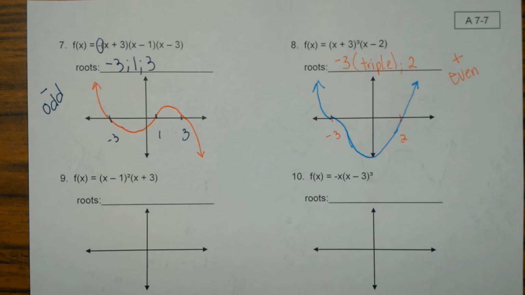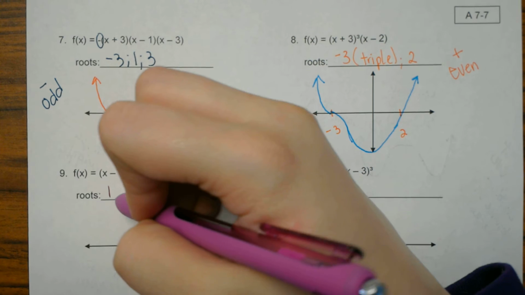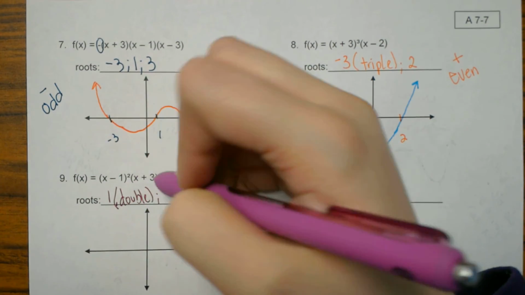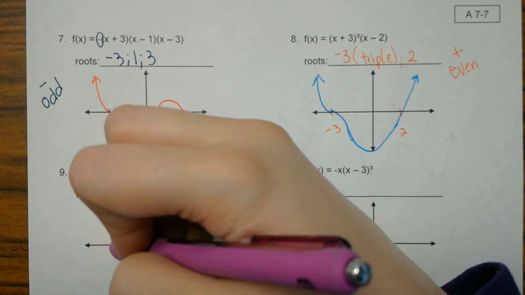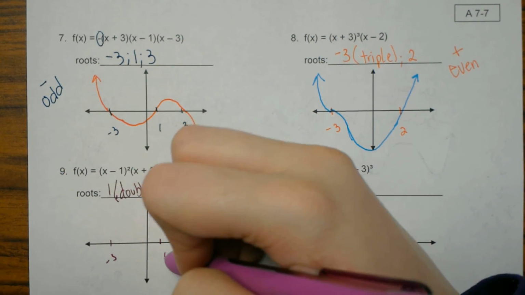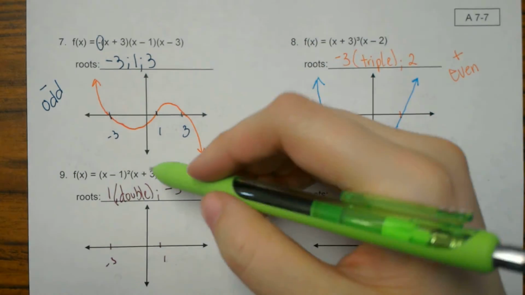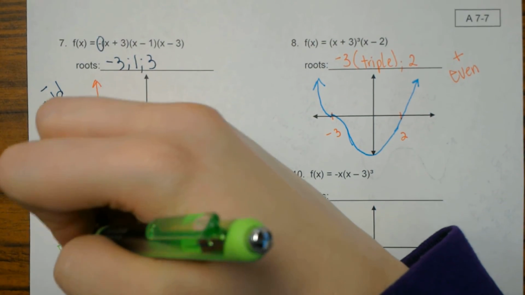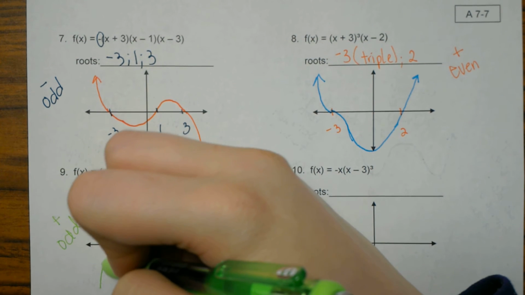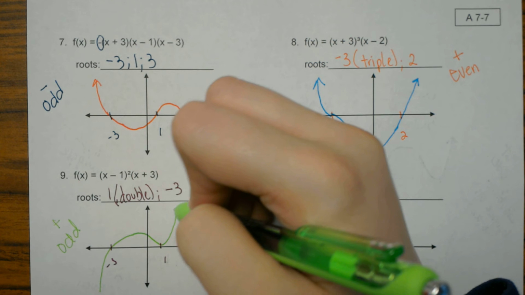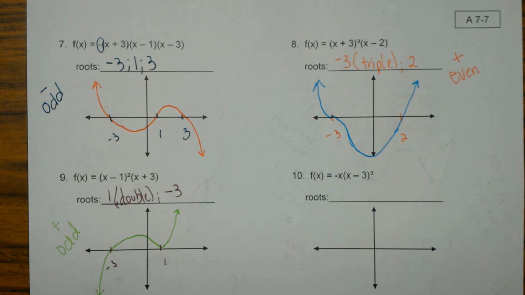And then number 9, I have a double at 1. And then a single at -3. And it's a positive odd. So I'm going to start below, cross, and then it's going to bounce at 1 and go up.